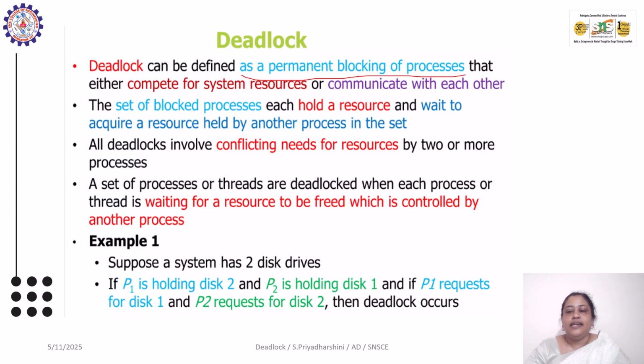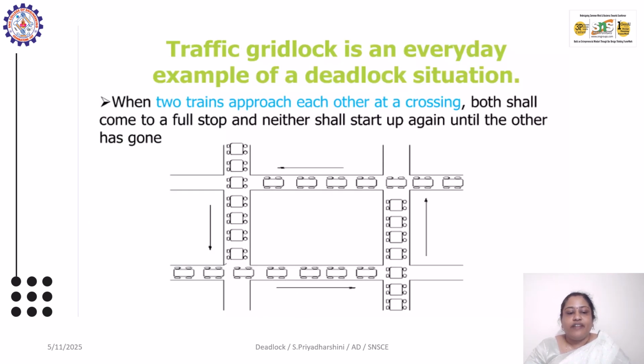Let's see an example. Here is a traffic deadlock, an everyday example of a deadlock situation. Consider a car, or you can take a train. When trains are approaching each other at a crossing, both may stall, that is come to a full stop, or neither shall start.